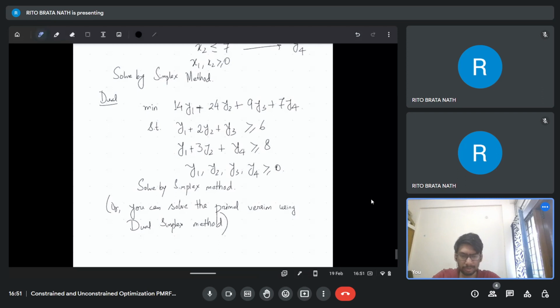And since you need not have feasibility to begin with, you can just keep on satisfying the optimality criteria and then get the solution, right? Okay, so that's the idea behind these problems, and I think you will get it and you will solve it.